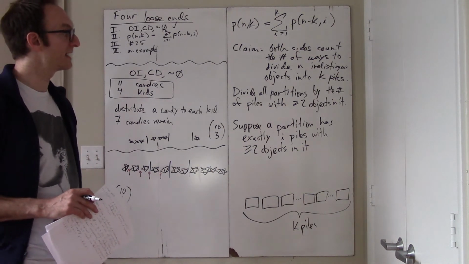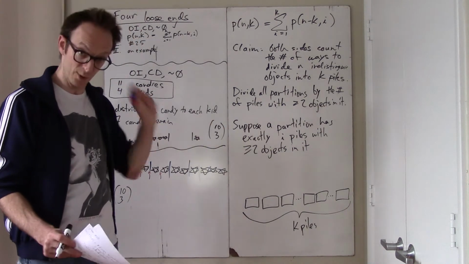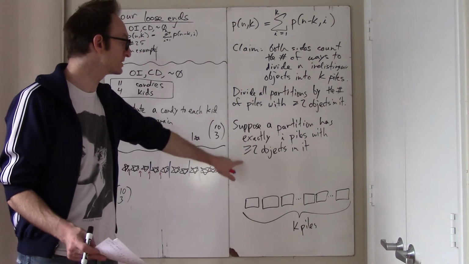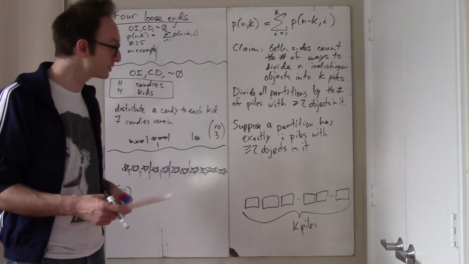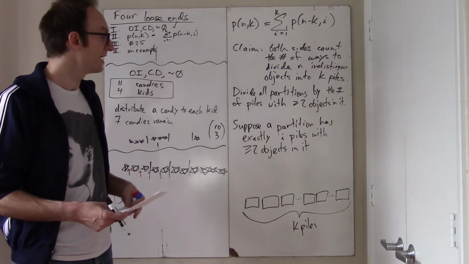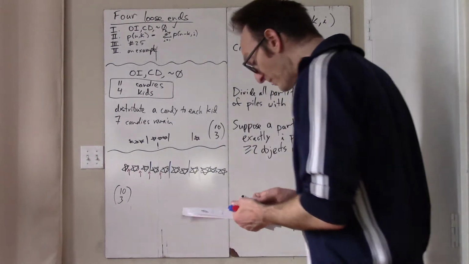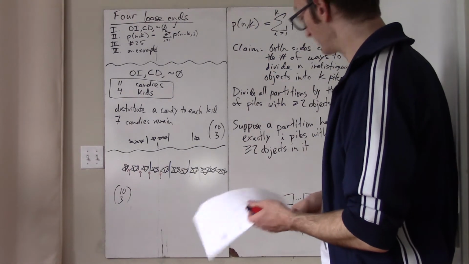But now I'm further looking at only a subset of those, the ones in which every pile has greater than or equal to 2 objects in it. And I'm supposing that i of these piles have greater than or equal to 2 objects in them.